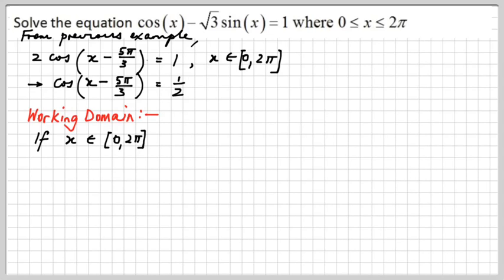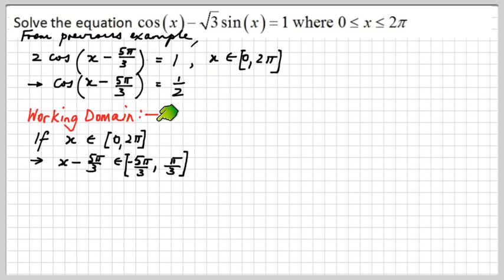If you know that x goes from 0 to 2 pi inclusive, therefore the working domain, being what's behind the cos sign, the x minus 5 pi on 3 bit, that means you subtract 5 pi on 3 from both the 0 and the 2 pi. See?